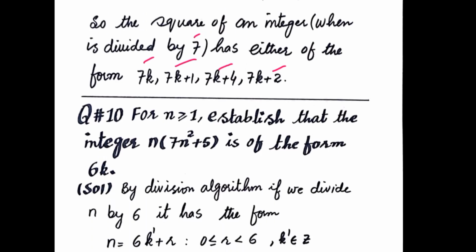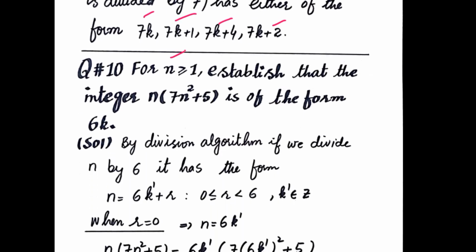Question number 10. For an integer greater than or equal to 1, establish that this integer is of the form 6q, because now I have to prove the form 6k. By the division algorithm, if we divide n by 6, it has the form n is equal to 6k dash plus r.